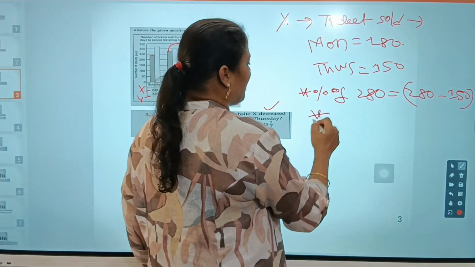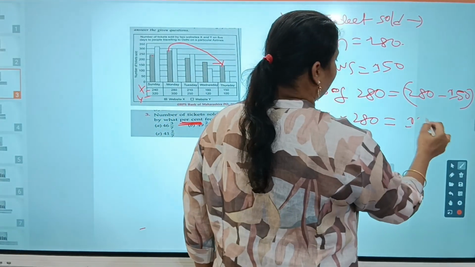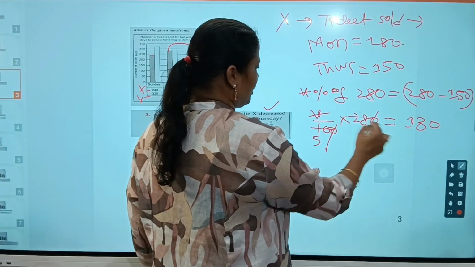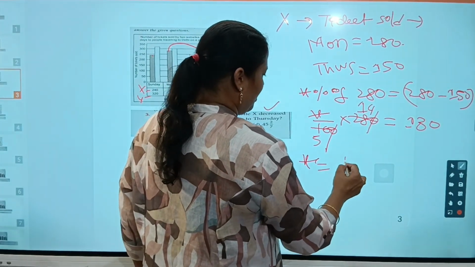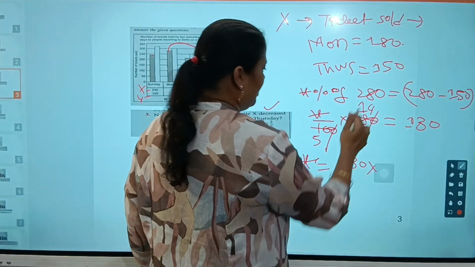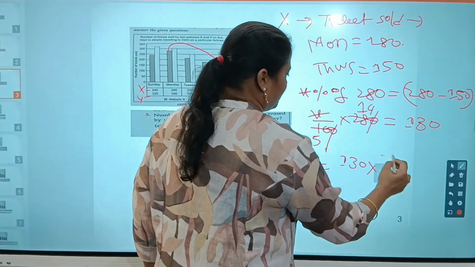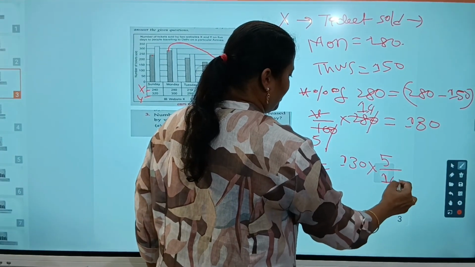So X by 100 into 280 is equal to 130. The zero cancels, 2 fives are 10, 2 sevens are 14. So X is equal to 130 into this value. If it goes to the right side, it will reverse, so 14 by 5 will become 5 by 14.